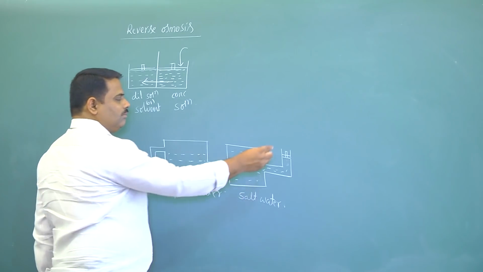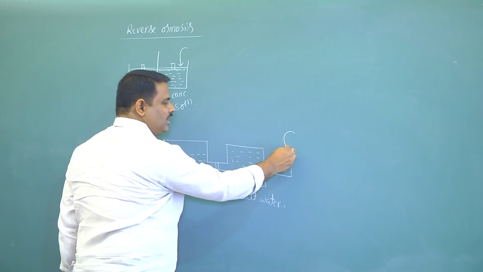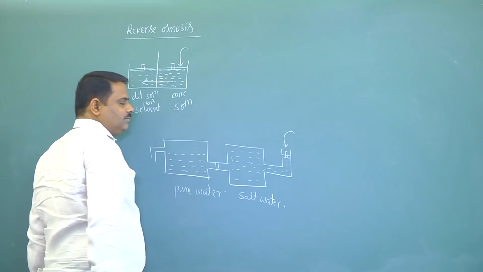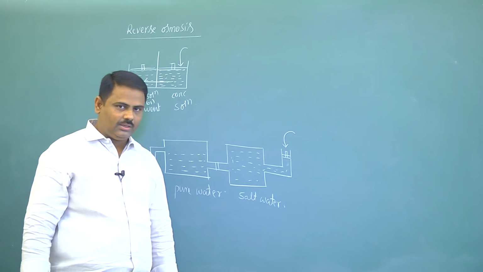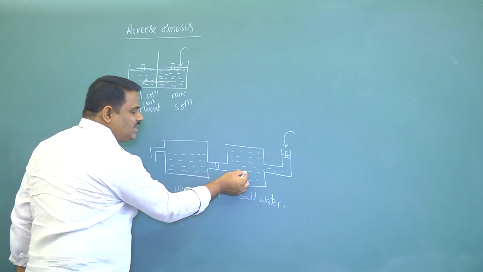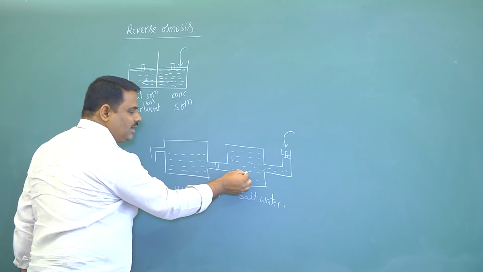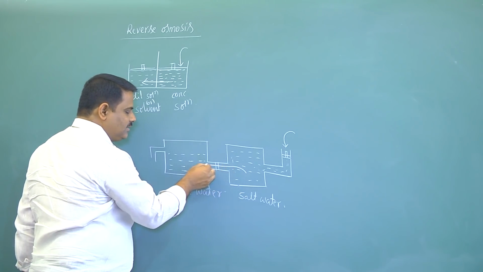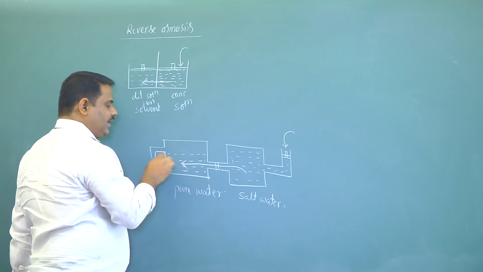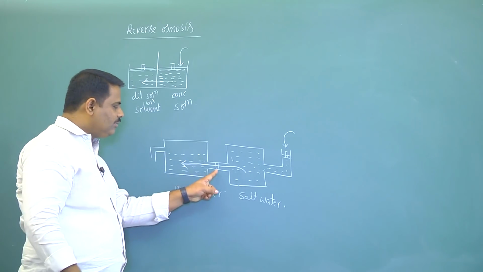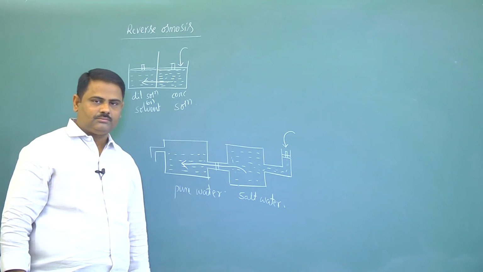Now here, by applying more pressure on this movable piston, the water present in the salt water container forcefully and slowly enters into the pure water container through the semi-permeable membrane.